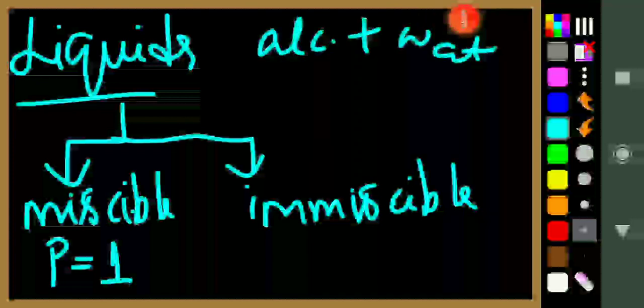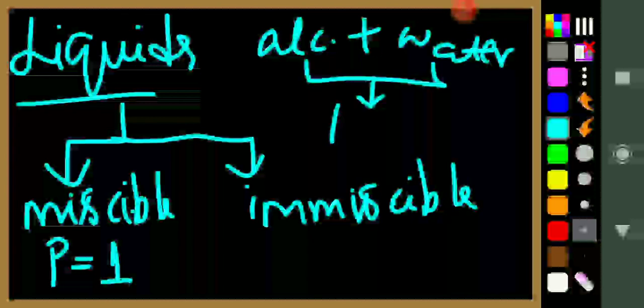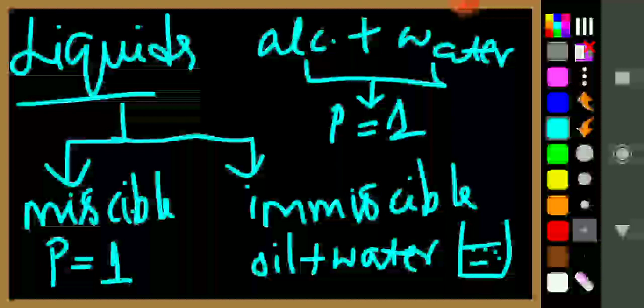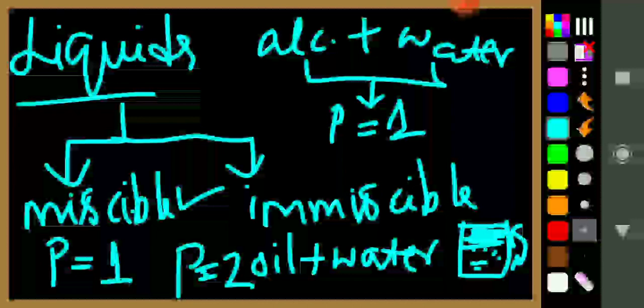Alcohol will dissolve in water and it will form one phase. But if we take oil and water in a container, here will be the water and here there will be oil, so there will be two phases. So if it is miscible liquid, the phase will be 1. If it is immiscible liquid, the phase will be 2.